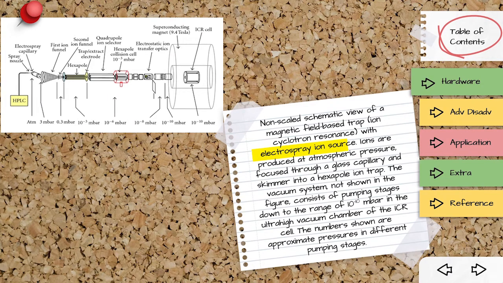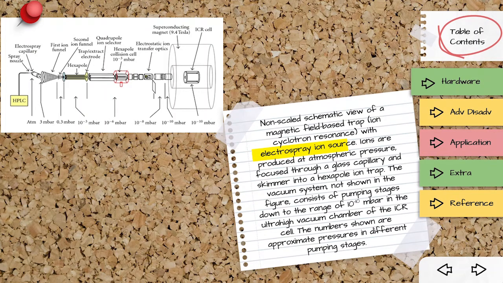Do you know how the FTICR-MS works? The figure here shows the non-scale schematic view of a magnetic field-based trap with the electrospray ion source. The ions produced at atmospheric pressure are focused and accelerated to the quadrupole and hexapole, and transported to the ICR cell.